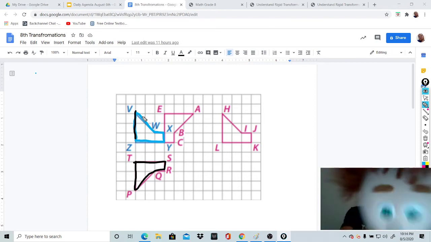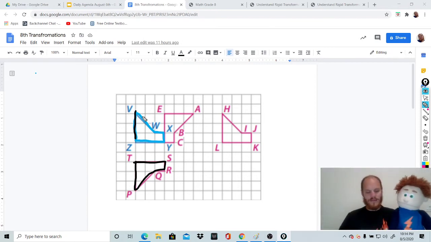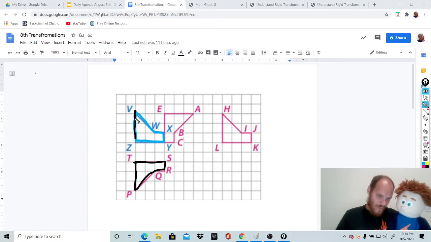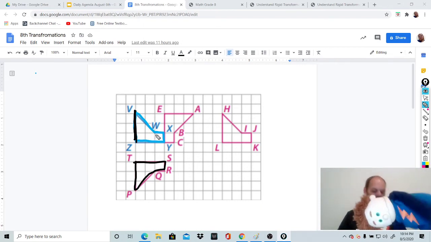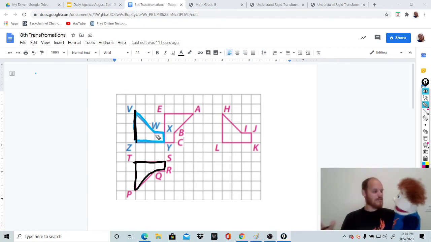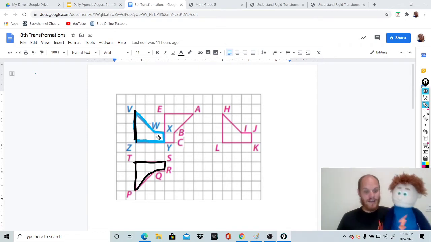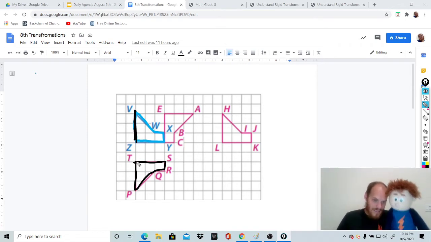Now, if I'm looking at this shape, look closely. VZ, what would be the corresponding side with VZ? Just think about it a second. Look here, just to give you an example at the start.